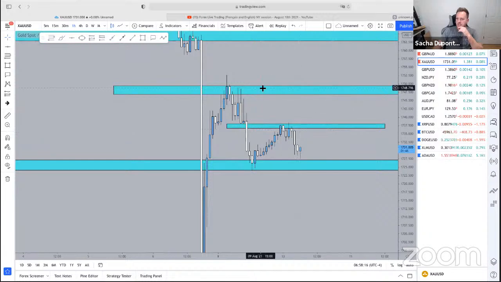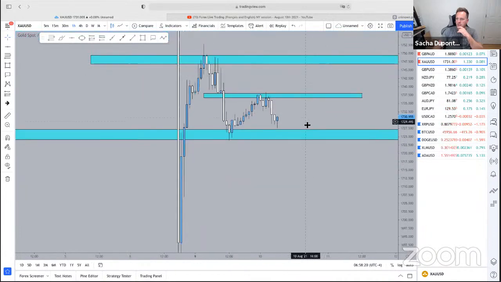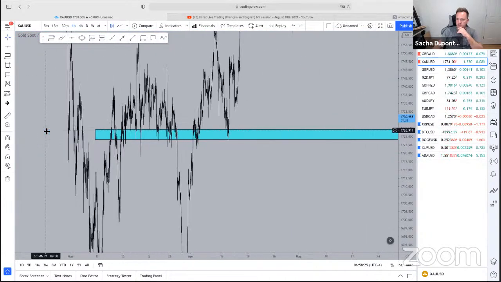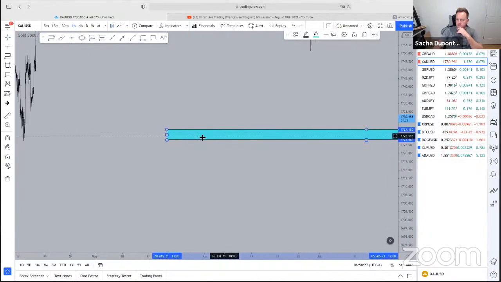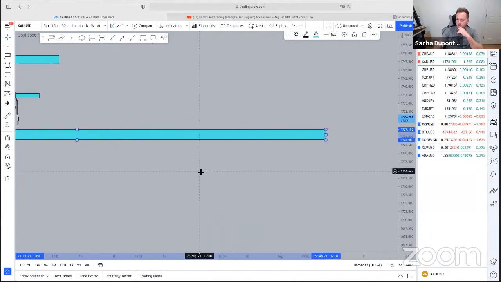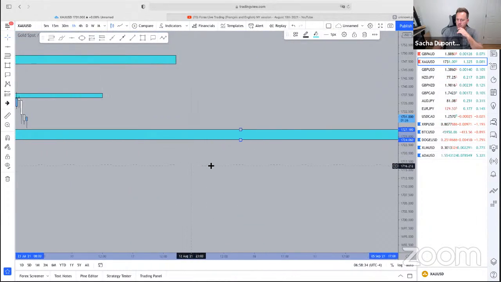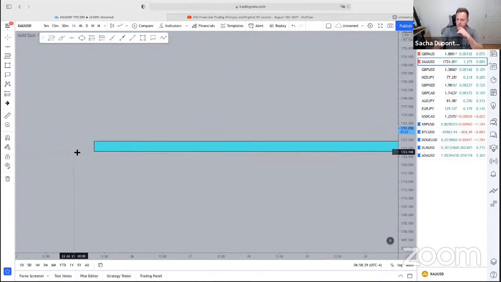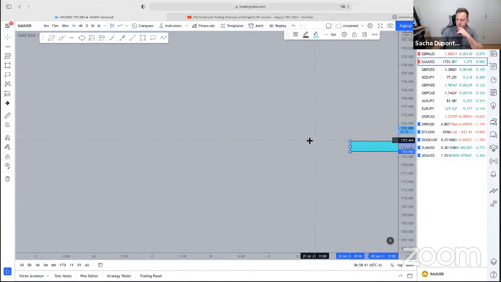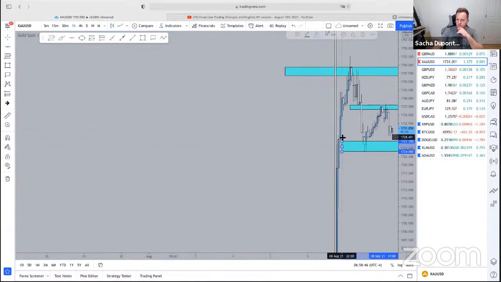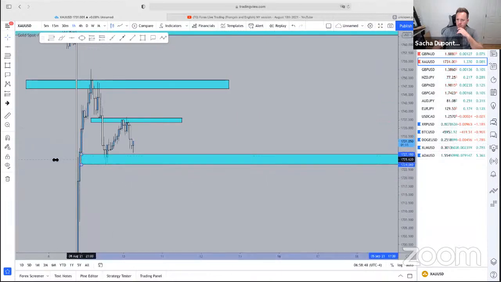So above 1750, which is a key level also, or anything under, let me put the zone smaller. There you go.